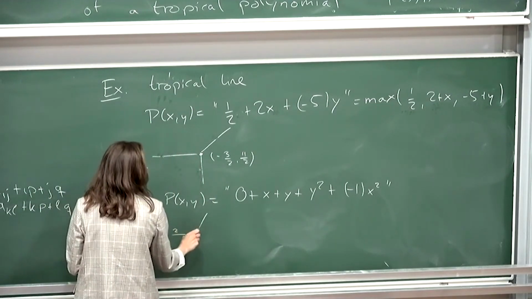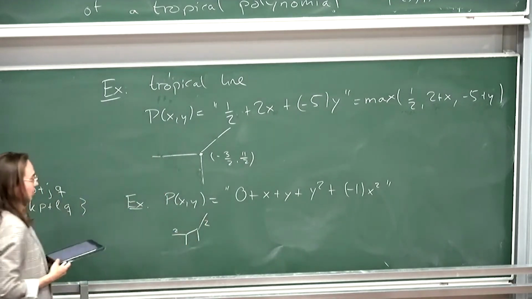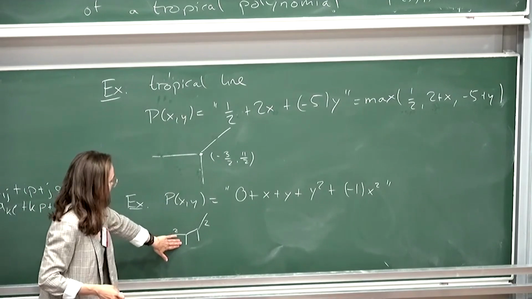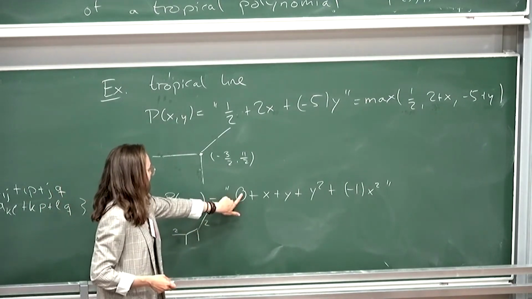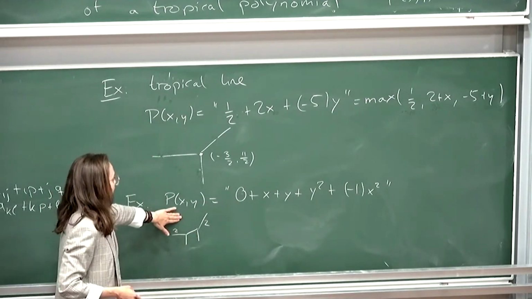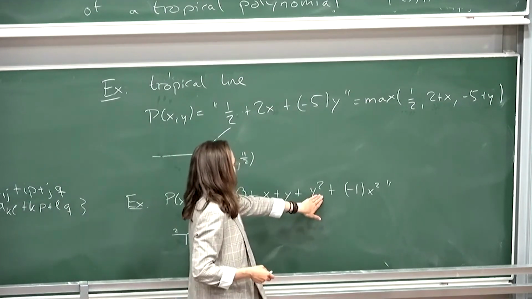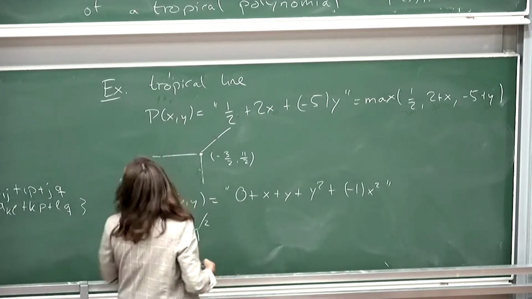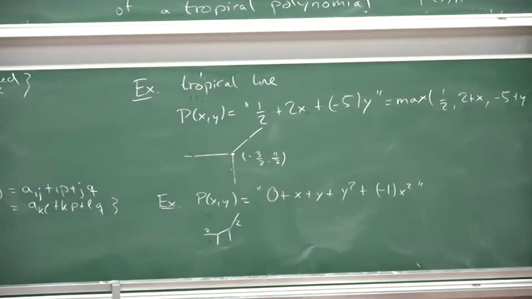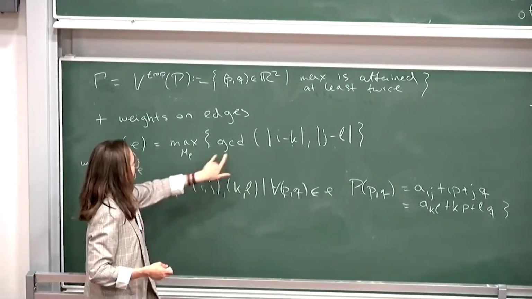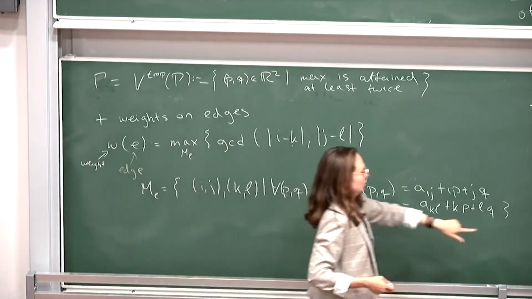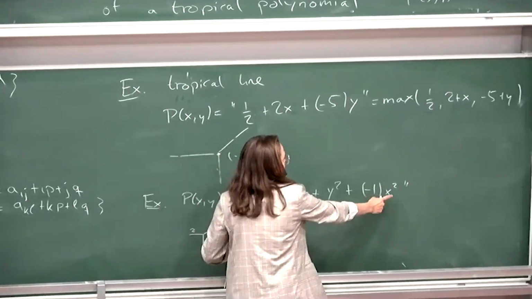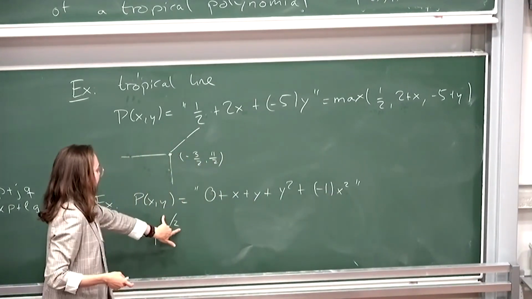And here we will have weight 2, and here we will have weight 2. Why is this? Down here in this quadrant, 0 will be maximal, while up here, y squared, or 2y, will be maximal. So the difference in the exponents in the first coordinate is 0, and then the second is 2. So it should be 2. Here this one will be maximal, so again we get a 2.